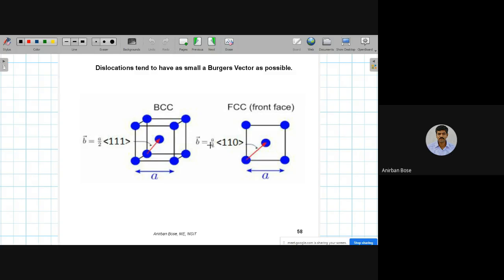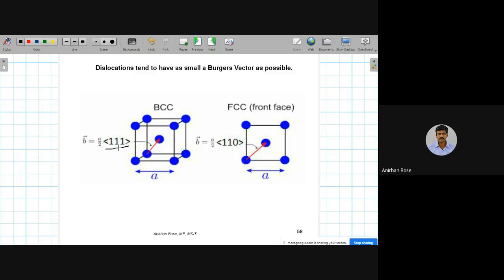So definitely the Burgers vector will also be in that direction. And what is the Miller indices of that family of lines? In BCC, the body diagonal family of lines is indicated by 111 under angle brackets, so any direction under this family can be considered.